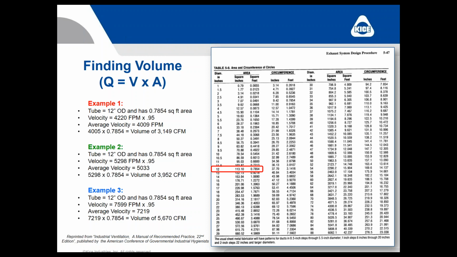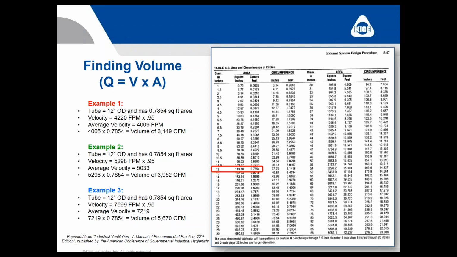Example 2, same 12-inch tube, same area, 0.7854. My velocity was 5,298. My average correction factor of 0.95. My velocity, 5,033. Again, math error here, I apologize. 5,033 times 0.7854 is going to give you a volume of 3,952.